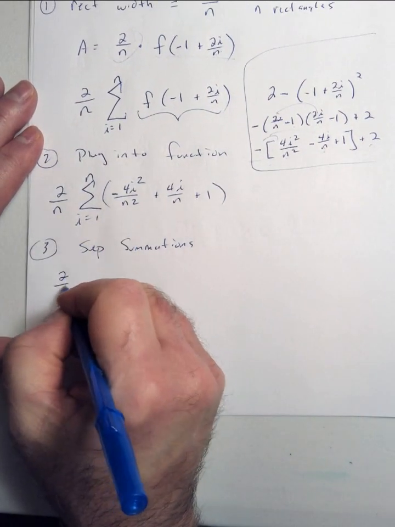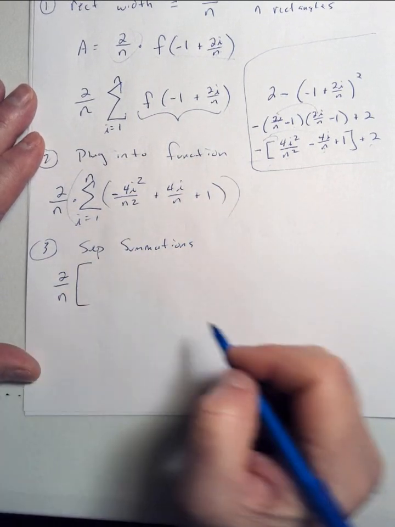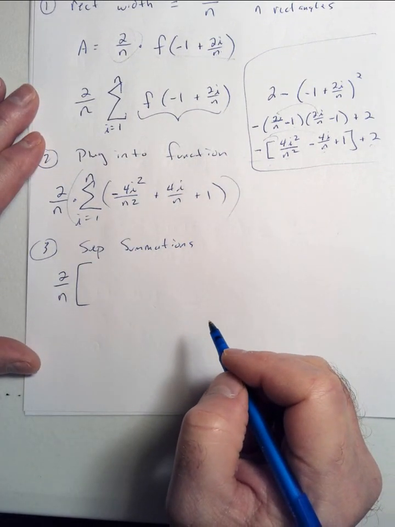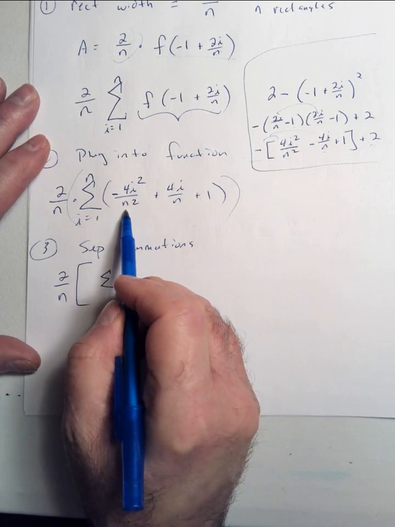So I have my constant, and again, this is multiplied to this whole thing, so keep that in mind. So not a bad idea to use a bracket here. We have the sum, and while I'm doing this, I'm going to pull my constants out front.